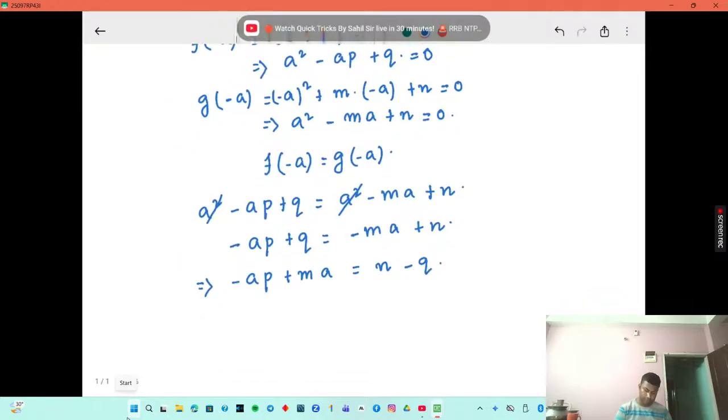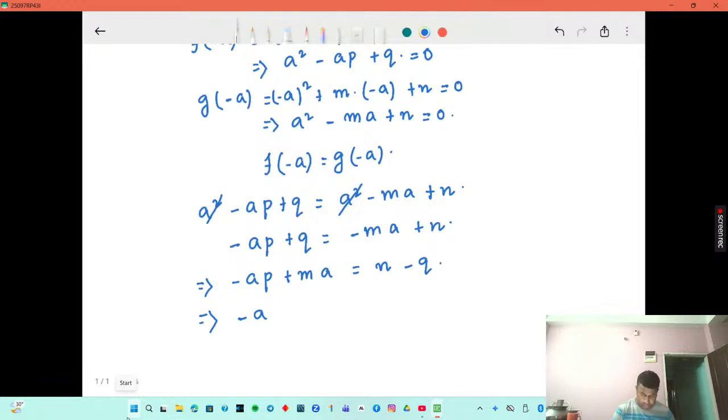Now we will take a as common, not minus a. So it will come m minus p times a equals n minus q. Therefore, a is equal to (n minus q) divided by (m minus p).